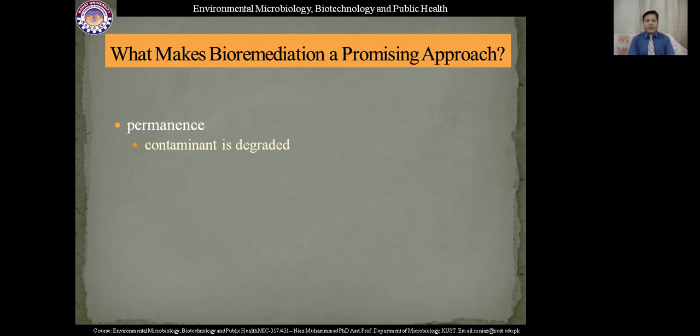This is considered the most suitable and most acceptable approach because it finishes the pollutant from the surface and converts it into its elemental form. The contaminant must be degraded, must be finished, must be converted into its elemental form.